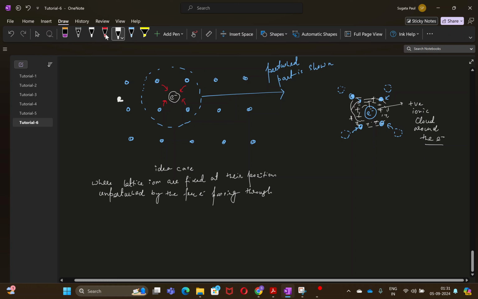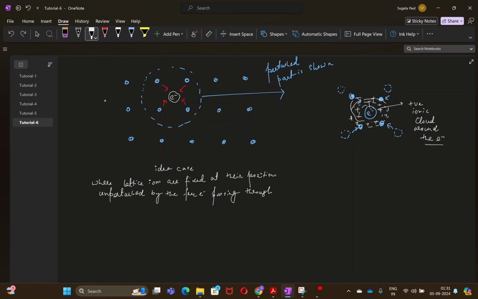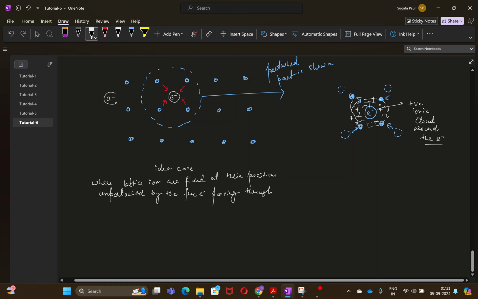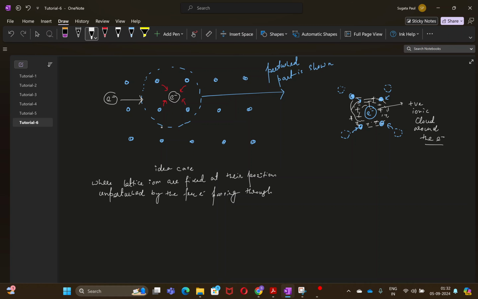It is not like you have only one electron passing through, right? Obviously there are many free electrons in the system, so when the next electron comes into the picture, it will not see another electron in front of it, because that other electron is covered in the cloud of the positive ions around it.